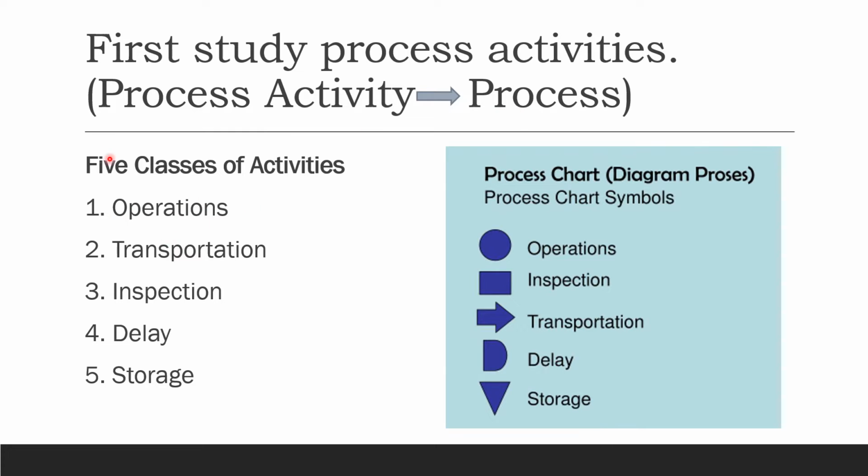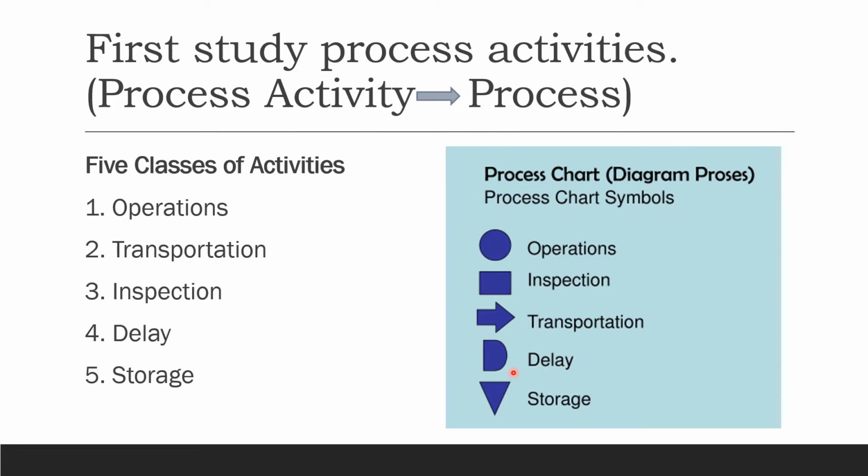So we have 5 classes of activities: operation, transportation, inspection, delay, and storage. They come with their own symbol. So when you go to a manufacturing plant producing something, you're going to see these symbols, right? And they are process chart symbols. And we are studying the process activity to run the process.